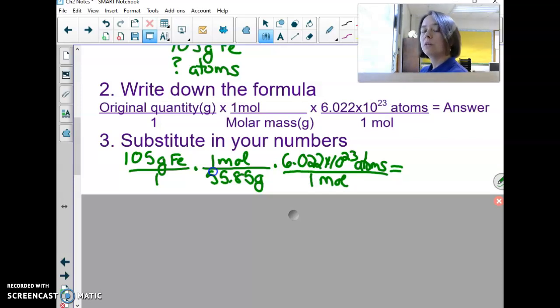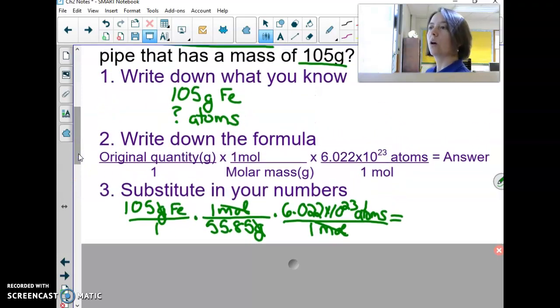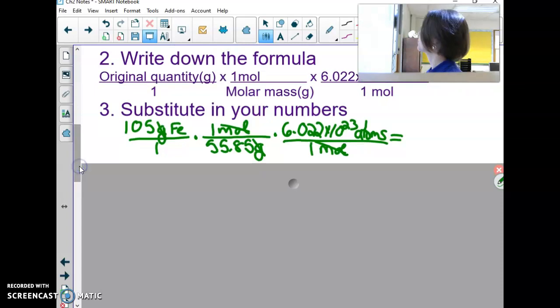First thing I'm going to do is cancel out the units that can. Grams on the top, grams on the bottom, moles on the top, moles on the bottom, and I'm left with atoms, which is what I want, so that's beautiful. Okay, now it's time for the math.